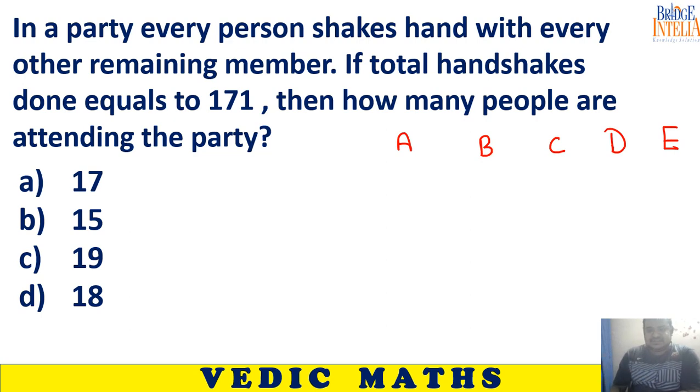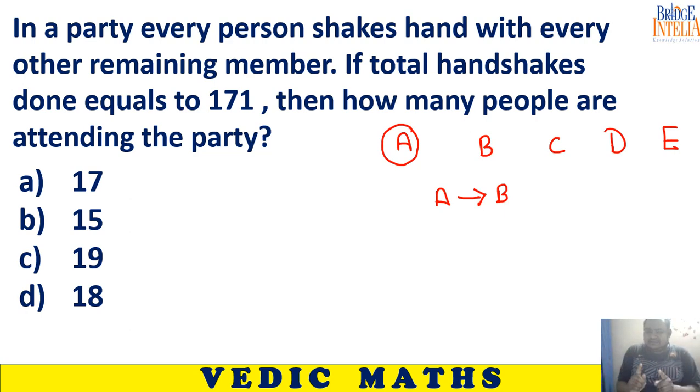As per this question, every person shakes hand with every other person. That means A will shake hand with B. So if I shake hand with you, you also shake hand with me at the same time. So B does not need to shake hand with A separately. If A is shaking hand with B, it means B is shaking hand with A as well.